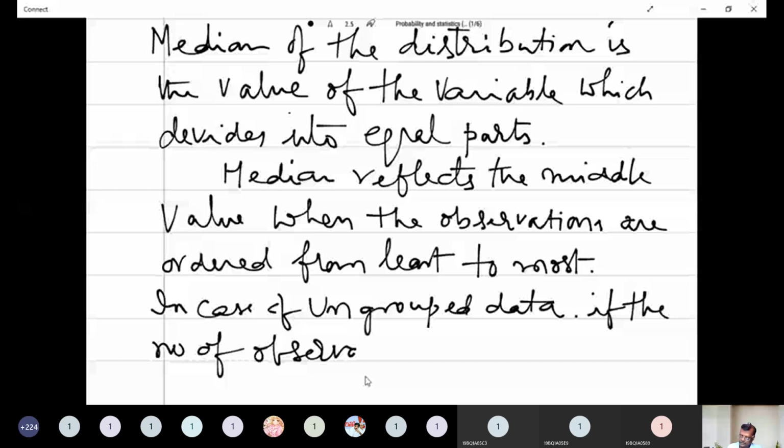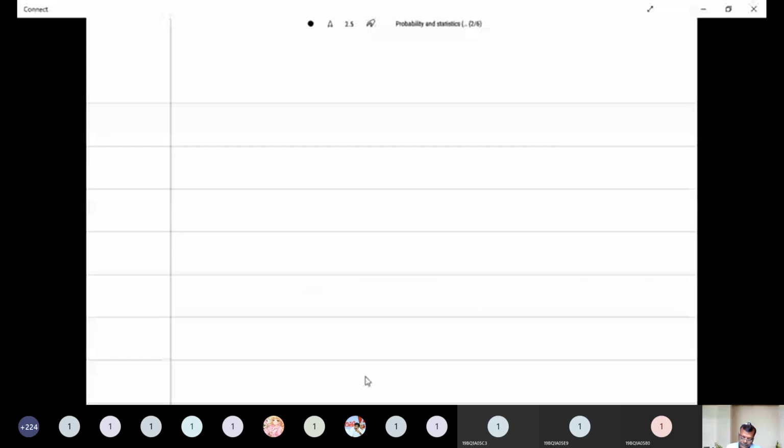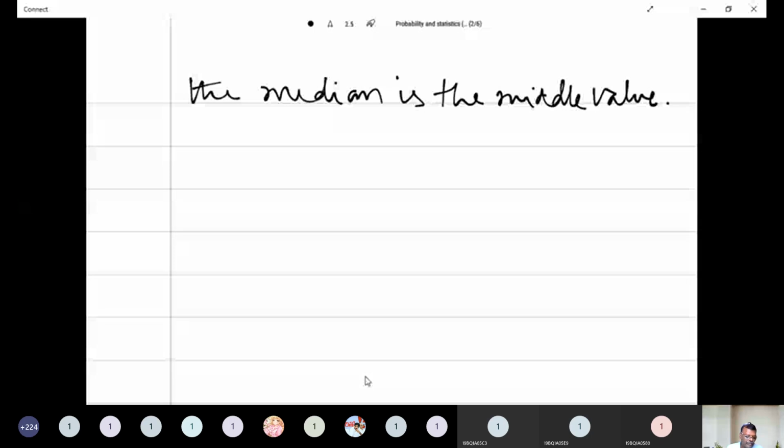Then the median is the middle value, or in other words, the middle value after the values have been arranged in ascending or descending order.